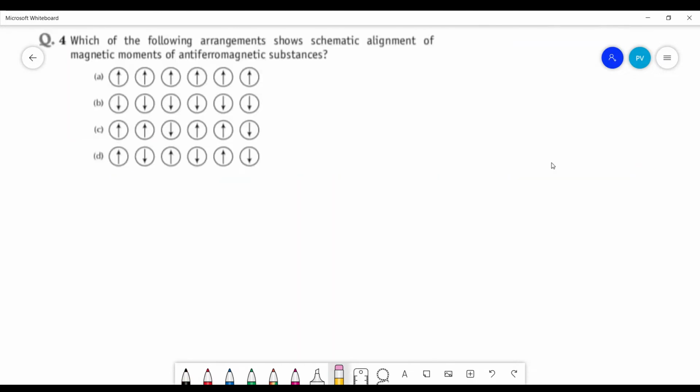Question number 4. Which of the following arrangements shows a schematic alignment of magnetic moments of antiferromagnetic structure? In antiferromagnetic structures, the domain fields cancel each other.